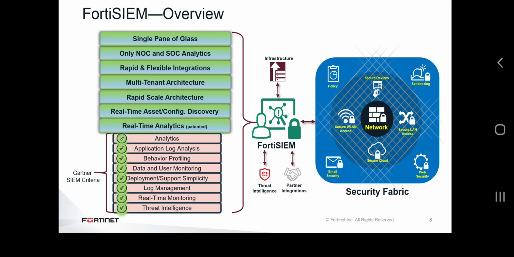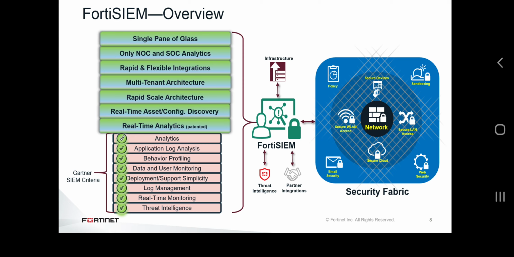The characteristics that make FortiSIEM truly unique in the market are patented real-time analytics, real-time asset and configuration discovery, purpose-built to support rapid scalability, a multi-tenant architecture, rapid, flexible third-party technology integrations, the industry's only SIM on the market that has a seamless platform.